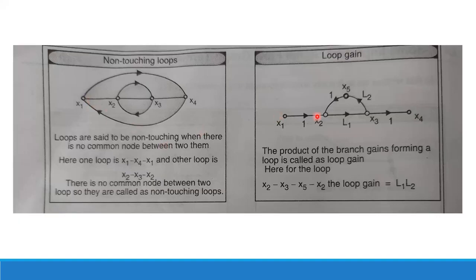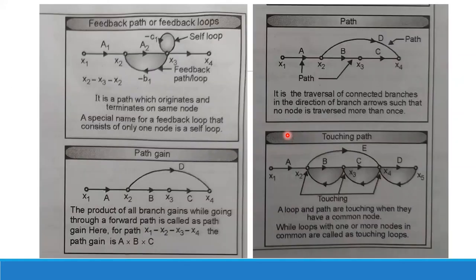Then there is loop gain. The product of the branch gains forming a loop is called the loop gain. Remember that whenever I say loop, it means a feedback path.